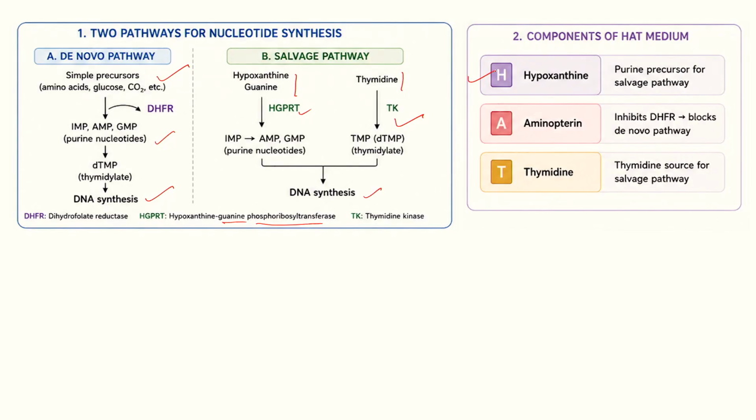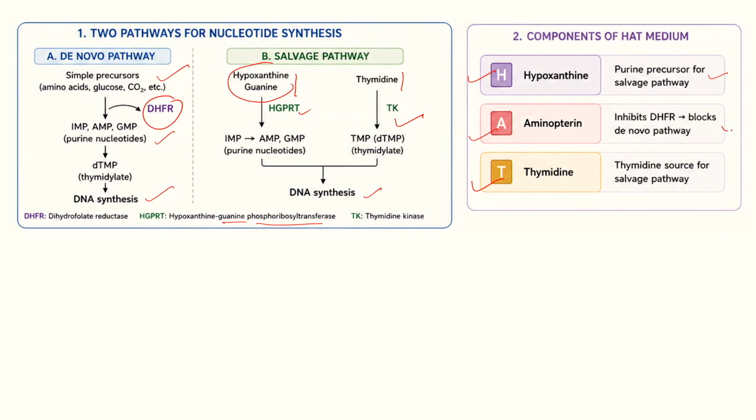Now, HAT is the component, as I discussed. H stands for hypoxanthine, A stands for aminopterin and T stands for thymidine. Hypoxanthine is a purine precursor for the salvage pathway, which we have just studied, and aminopterin is an inhibitor of DHFR. DHFR is dihydrofolate reductase, a very critical enzyme required to convert the precursors of amino acids into the bigger chain.